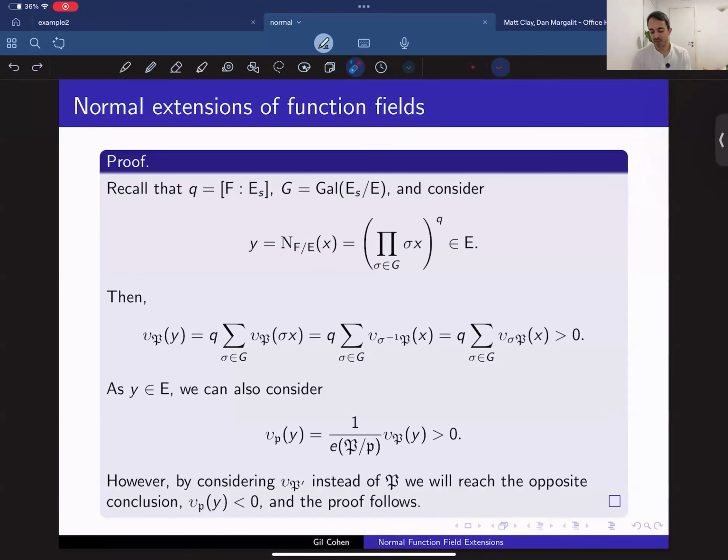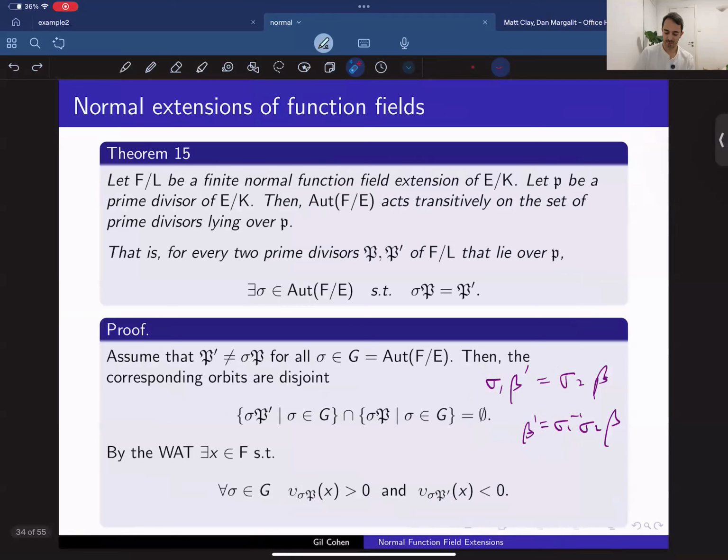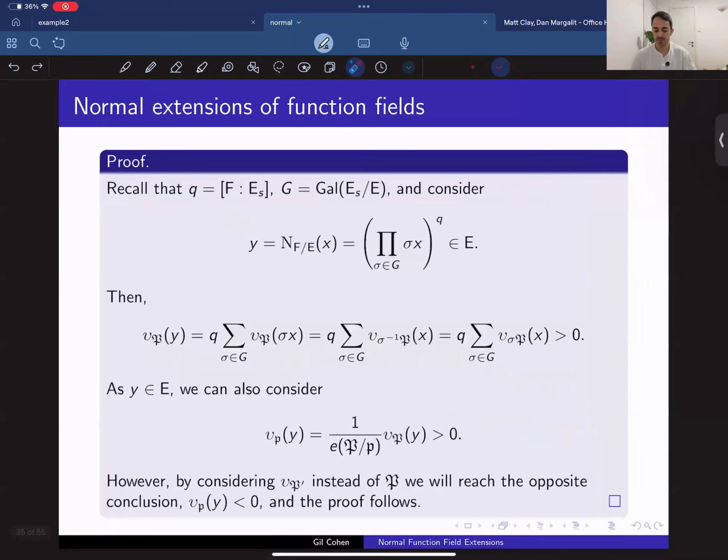And this is, of course, strictly positive, because we required X to be such that V sigma P of X is positive whenever you are in this set, for all sigma P's. So this is a positive number. And because Y is in E, we can also figure out that Y's valuation as an element in E is positive, right?